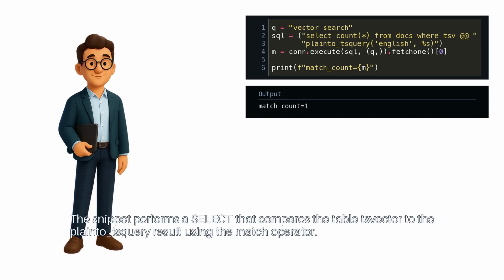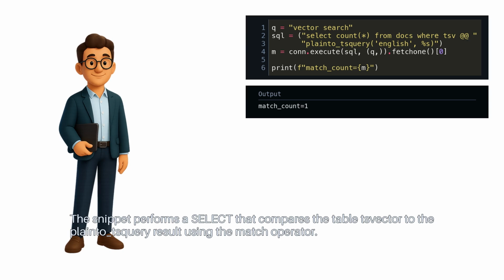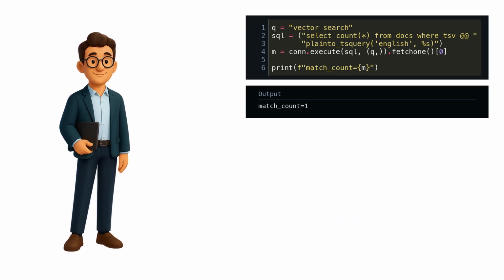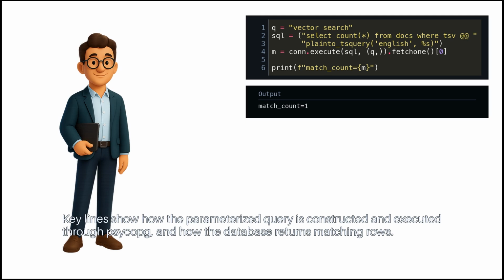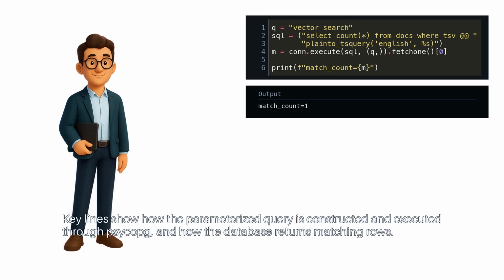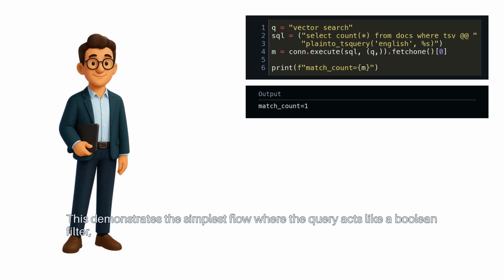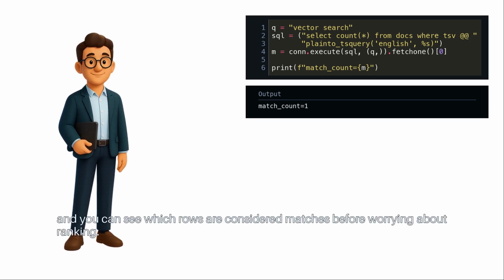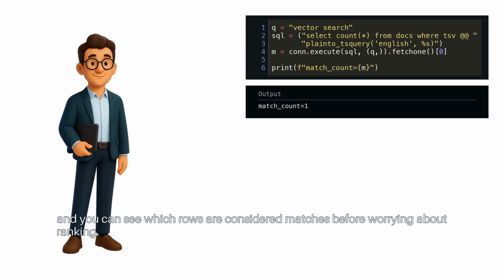The snippet performs a select that compares the table tsvector to the plainto_tsquery result using the match operator. Key lines show how the parameterized query is constructed and executed through psycopg, and how the database returns matching rows. This demonstrates the simplest flow, where the query acts like a Boolean filter, and you can see which rows are considered matches before worrying about ranking.